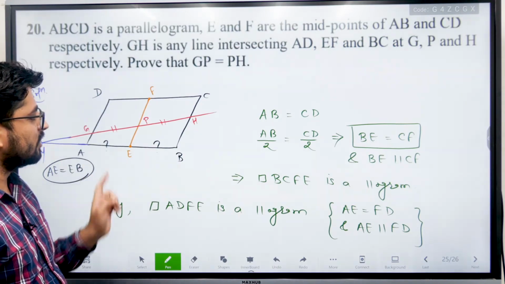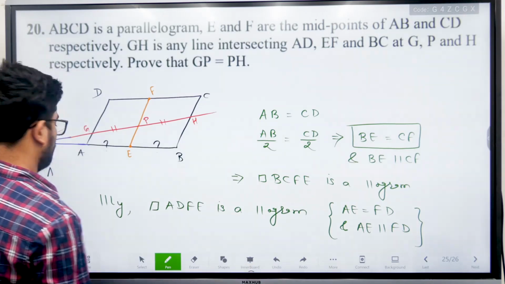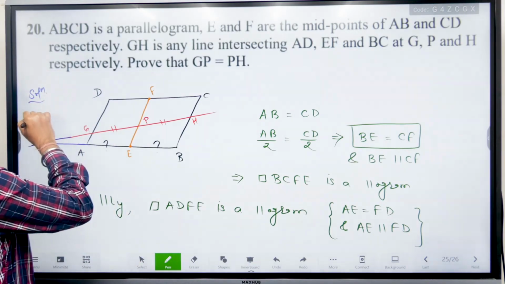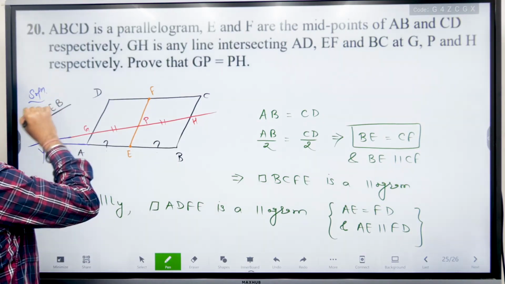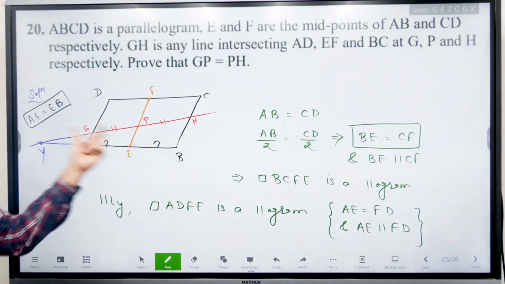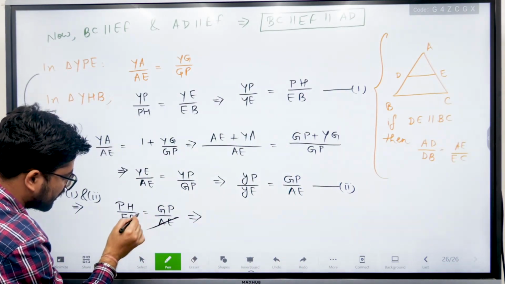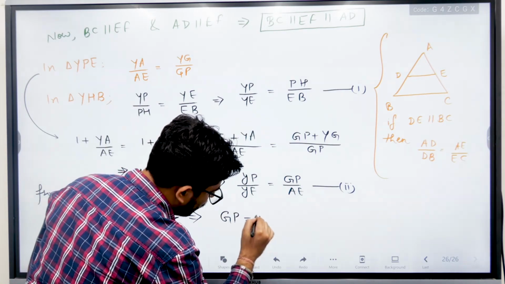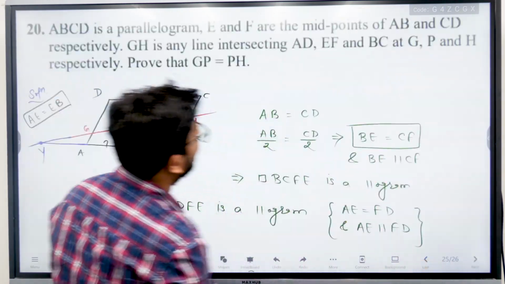So we can cancel these, and we get GP is equal to PH, which is what we want.